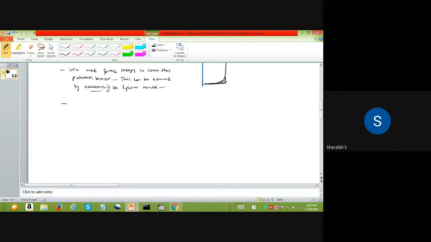Okay, so another possibility is making the nuclei into a plasma state.